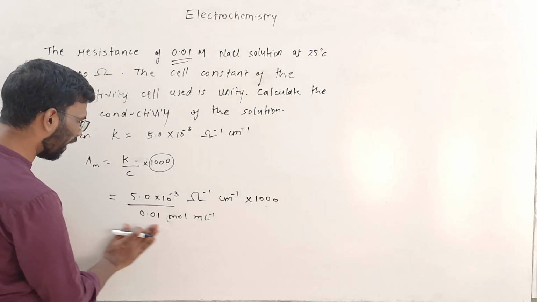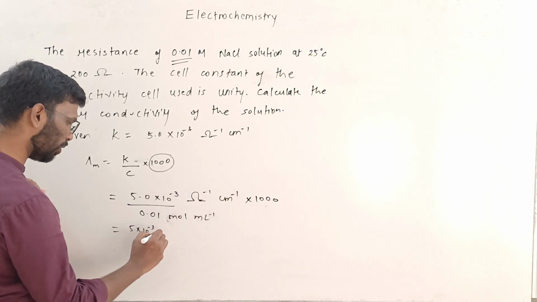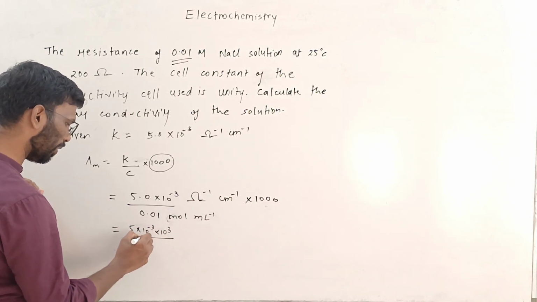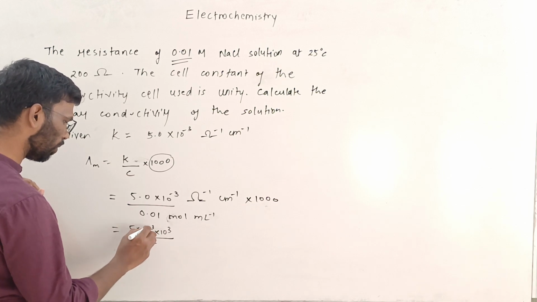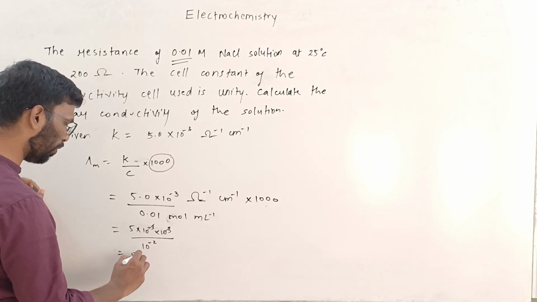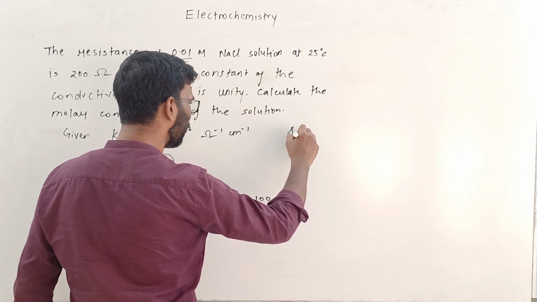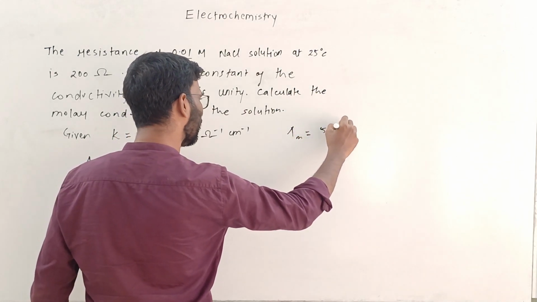If you want to write this, you will write 5 into 10 raised to minus 3, this will be 10 raised to plus 3 and this will be 10 raised to minus 2. This and this get cancelled and this comes on the top. So 5 into 10 raised to 2. So the molar conductivity I am getting is 5 into 10 raised to 2.